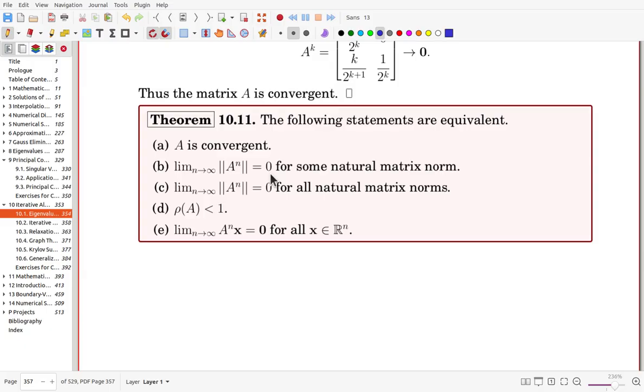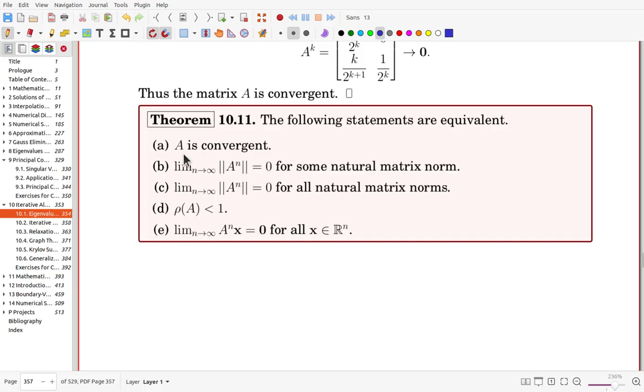For some natural matrix norm, and for all natural matrix norms, that means at least one natural matrix norm, this is true, then for every other natural matrix norm, it must be true. And yet, they are not easy to use in usual numerical analysis tasks, but this one is very useful.